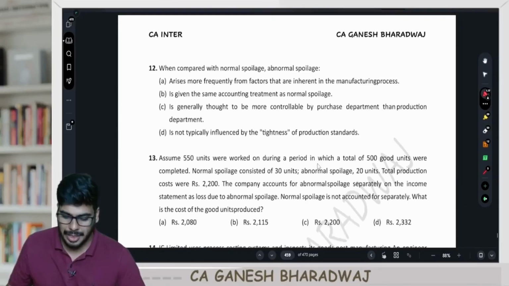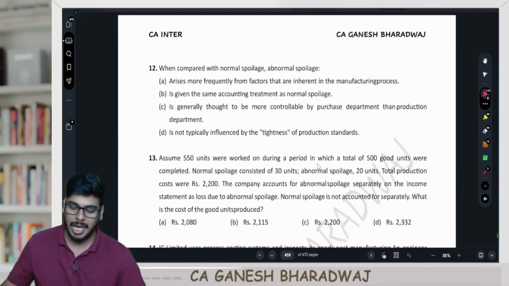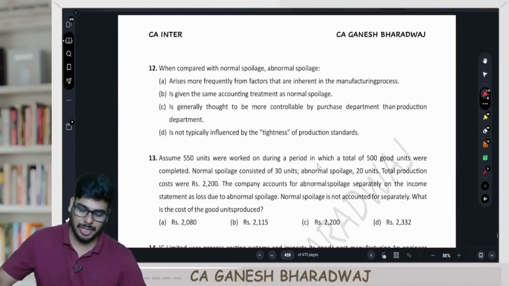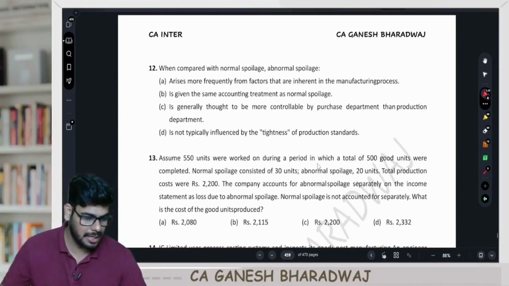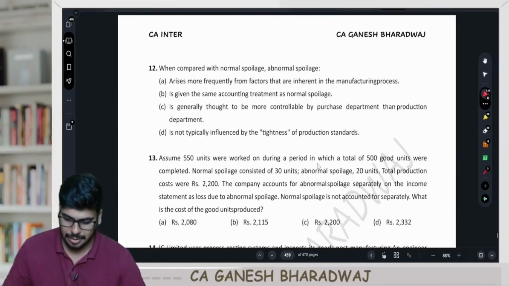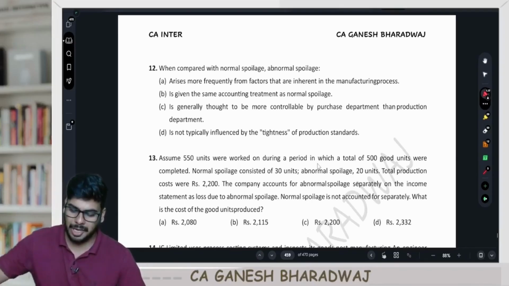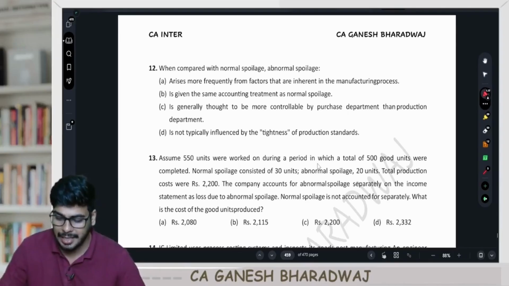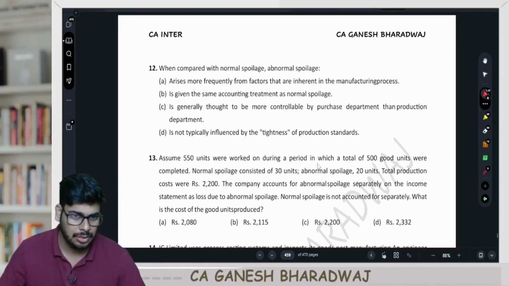Clear with this? Next, when compared with normal spoilage, abnormal spoilage, ABCD, which one is the right sentence? A: Abnormal spoilage arises more frequently from the factors that are inherent in the manufacturing process. Is it so?